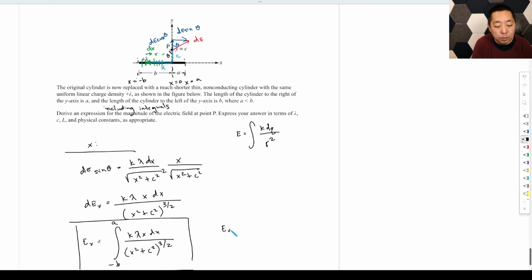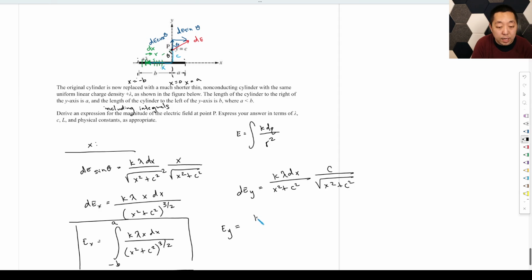Now let's look at the y component and set up the integral on the y component. That's going to be dE cosine theta. The dE in the y component is going to be k lambda dx over x squared plus c squared. This part's the same. But now it's cosine of theta, and cosine of theta is c over r, which is c over the square root of x squared plus c squared, because cosine of this angle is this over this.